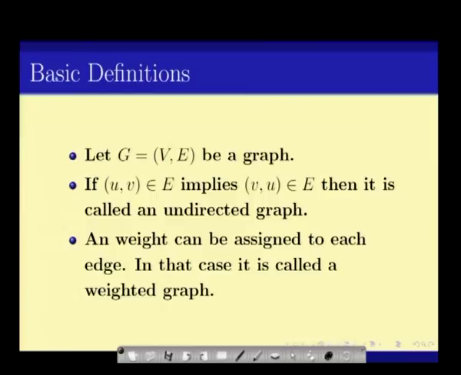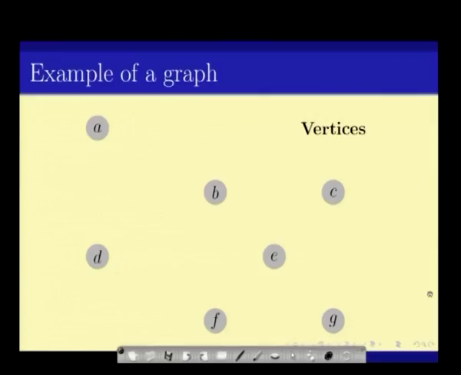Sometimes for the edges, we can have some weight allocated to them, and we call that a weighted graph. If there is an edge from u to v, then we say v is a neighbor of u, and the number of neighbors a vertex has is called the degree of that vertex.